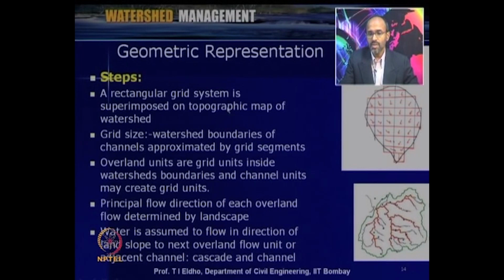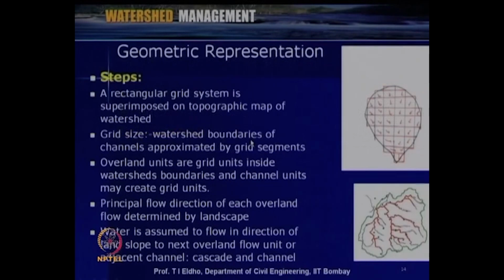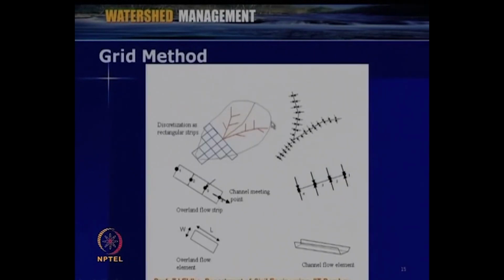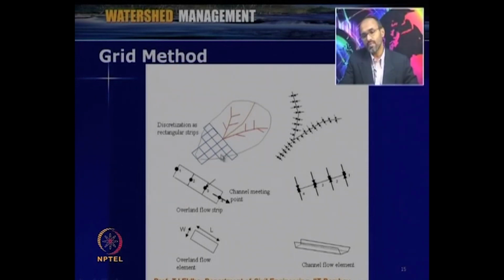So, in the grid representation, we have already seen the grid method earlier. The grid method has the following steps as far as the geometric representation is concerned. If this is our watershed, the overland flow is considered as various grids, either one dimensional strips or two dimensional grids.